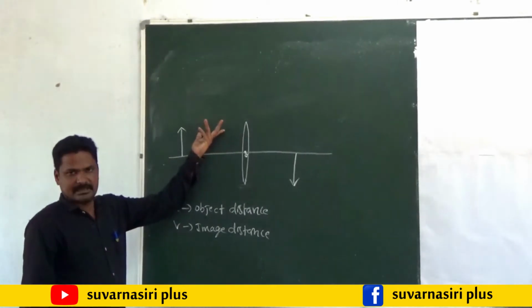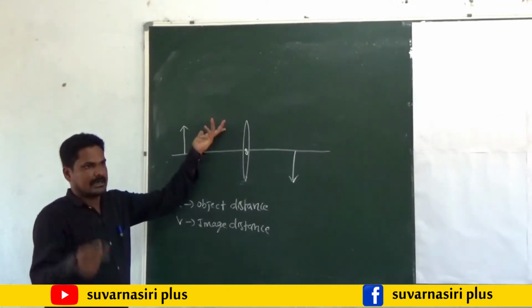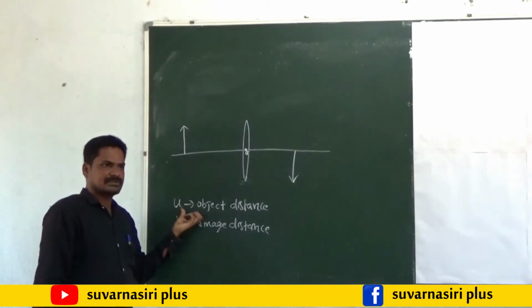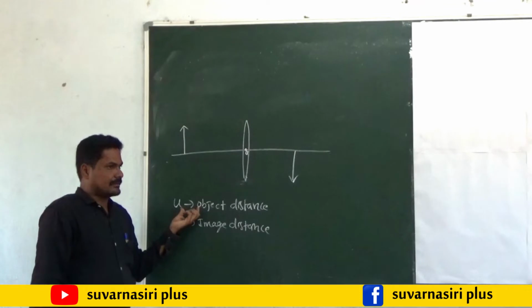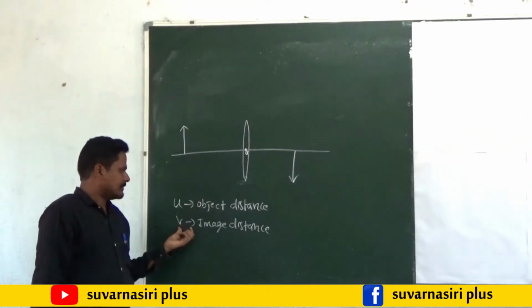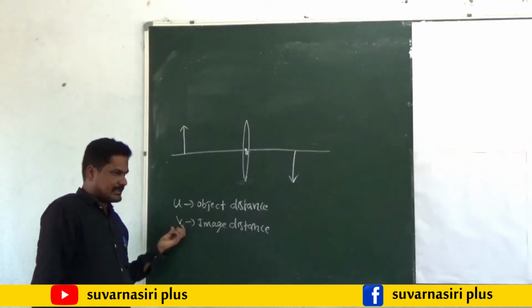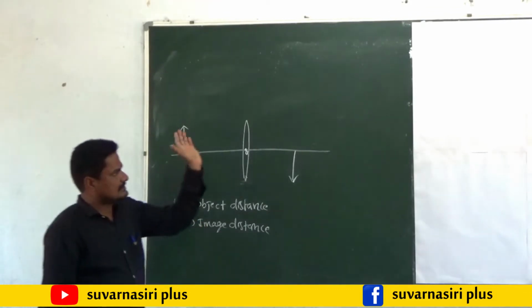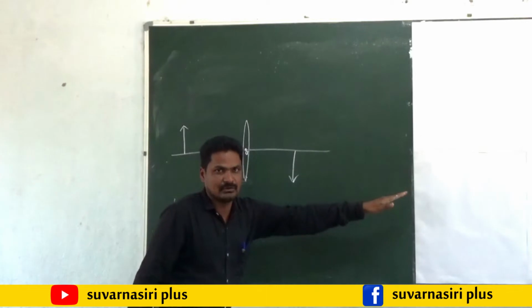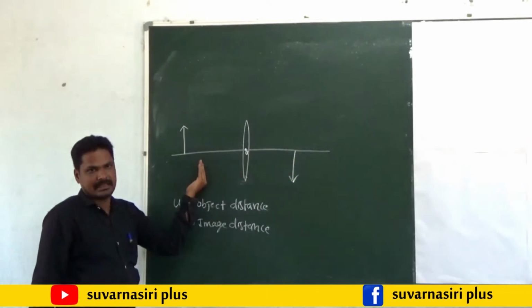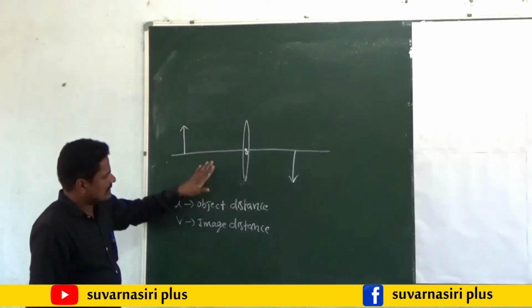Object is always on the left part, in any case, mirror or lens, so that's why object distance should be negative. And for v, image distance, if the image comes on the right portion, we take positive. If the image comes on the left part, we take negative. So these are the concepts.